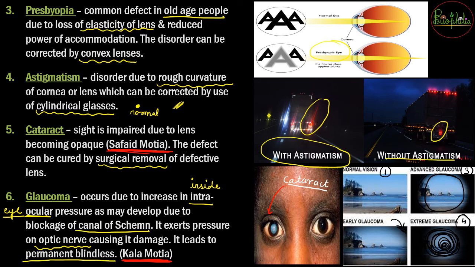So because of that, glaucoma is a very critical condition: if glaucoma has come, you go and start the treatment so that you do not turn permanently blind, because it is affecting the optic nerve. As soon as the pressure on the optic nerve reduces, it will again start moving towards normal vision.